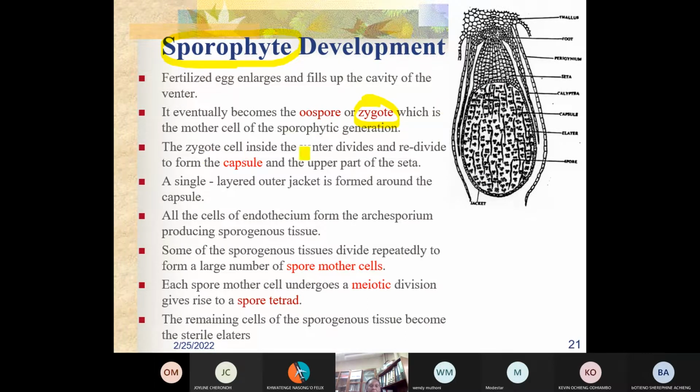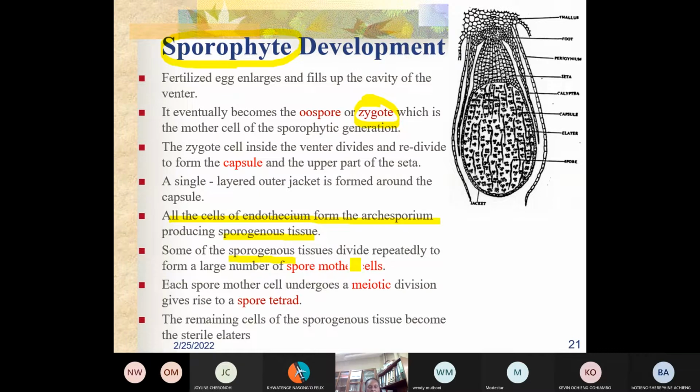And then the sporophyte will then be able to produce the spore after, of course, they have undergone meiosis. So the cells within, remember I said you have sporogenous material and you have non-sporogenous material. The sporogenous material is the one that produces the spores. The other non-sporogenous, what we are calling the sterile, are supportive.